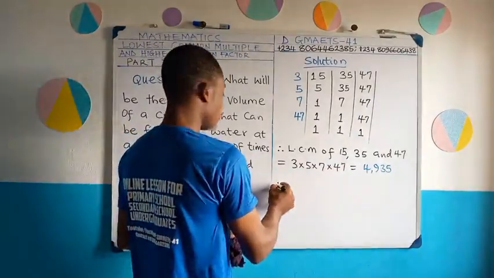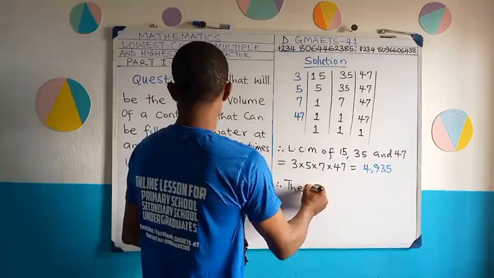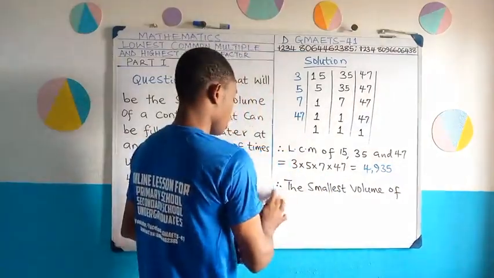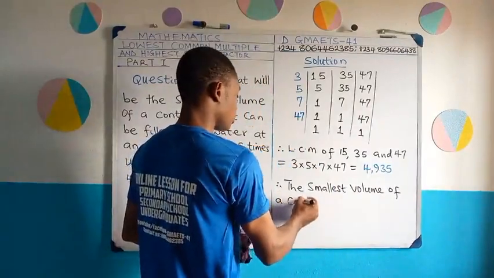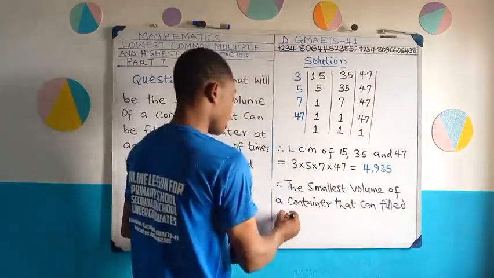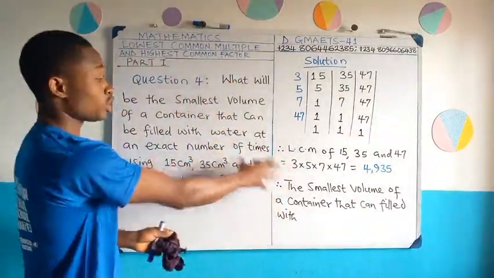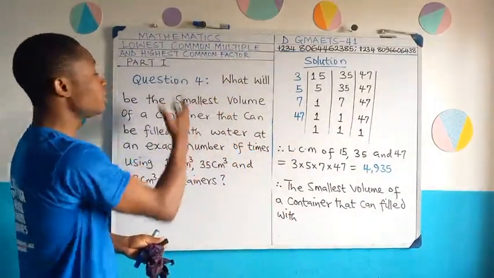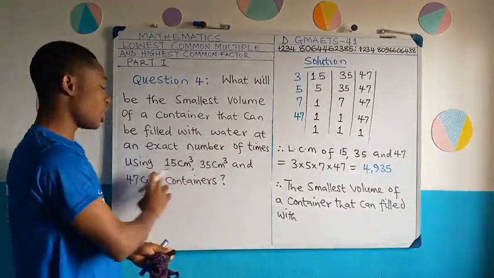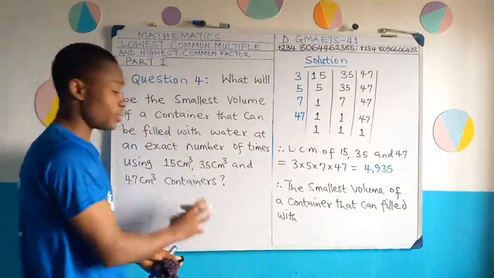I'll conclude. Therefore, the smallest volume of a container that can be filled with water. See, I'm taking my conclusion from this question here. We are asked, what will be the smallest volume of a container that can be filled with water at an exact number of times using this container of these values?